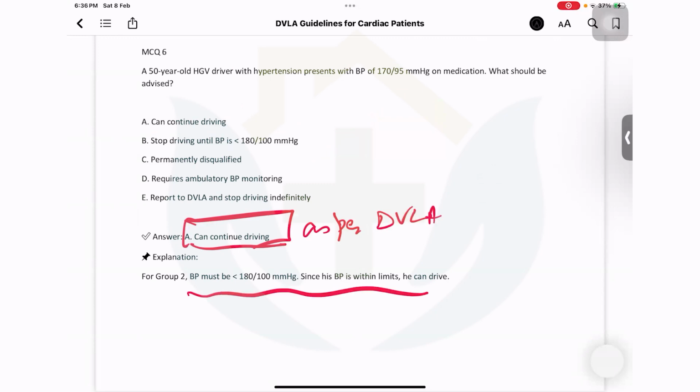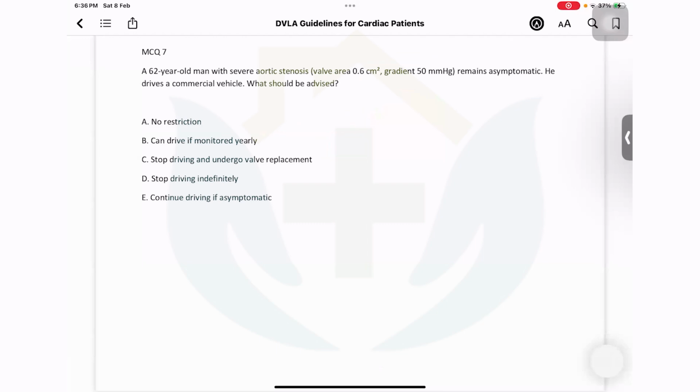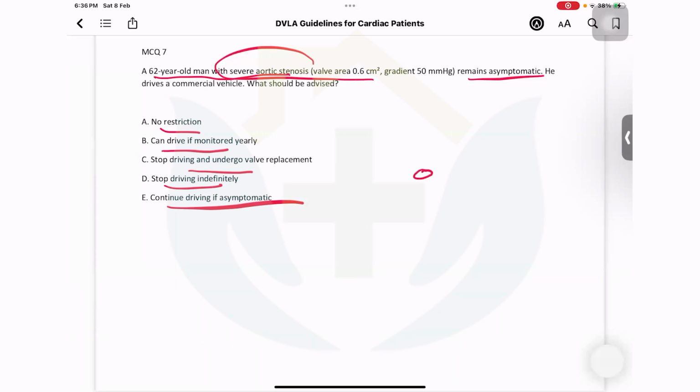Okay. A 62-year-old man with severe aortic stenosis remains asymptomatic. He drives a commercial vehicle. What should be the advice here? No restriction, can drive, stop driving, undergo valve replacement, stop driving indefinitely, continue driving if symptomatic. So he has to stop driving. The gradient is more than 40, which makes it symptomatic AS.